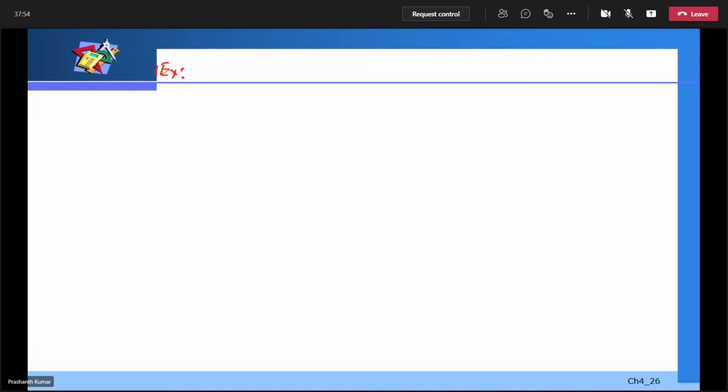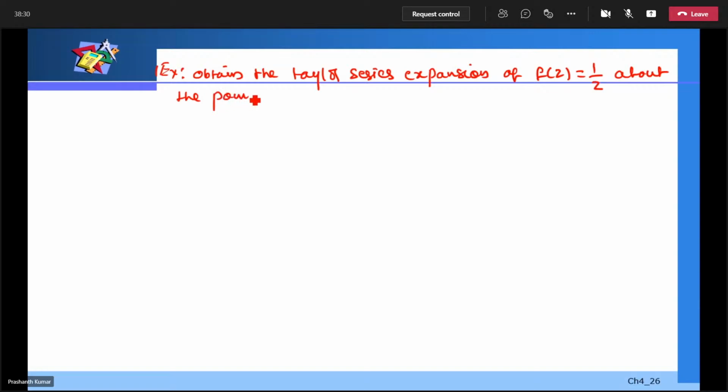Obtain the Taylor series expansion of f of z is equal to 1 by z about the point z is equal to 1.